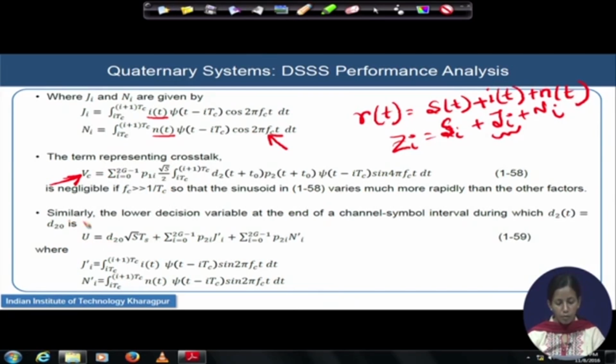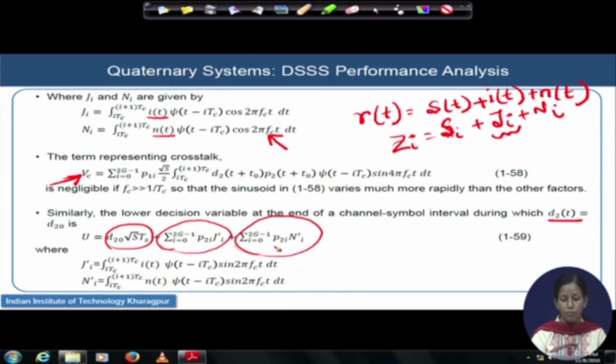And for the lower decision variable, like the upper one, we can write the equation like this, because for the lower one the D2 symbol is transmitted, with D2(t) equal to D2_0, say. So, we will have a signal component like this, a contribution from the jamming part and a contribution from the noise part.